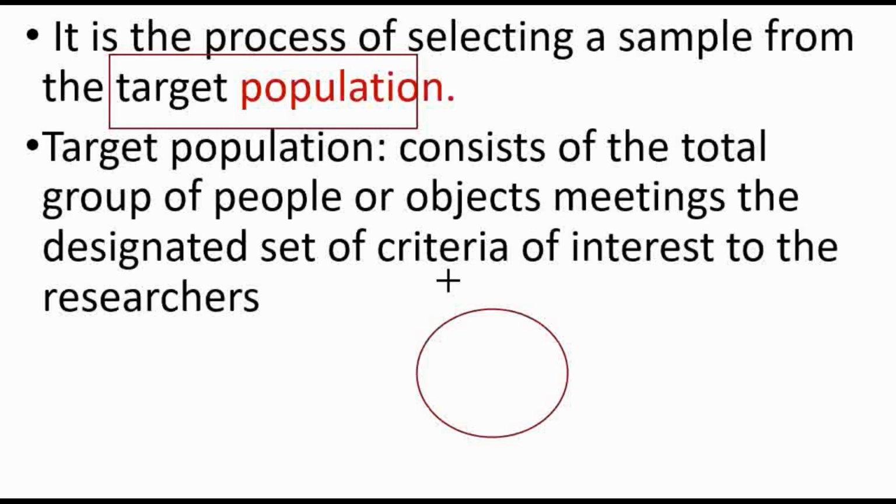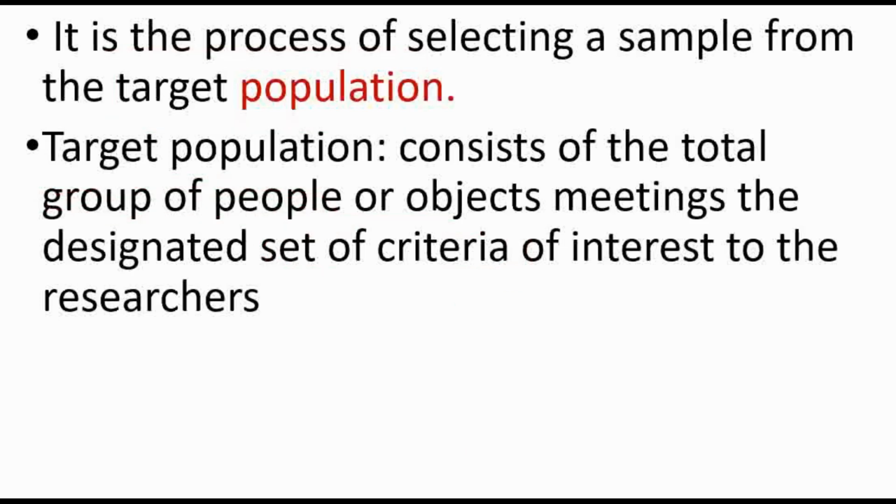The target population has one main important thing: the set of criteria expected by the researcher. So that is the meaning of target population.